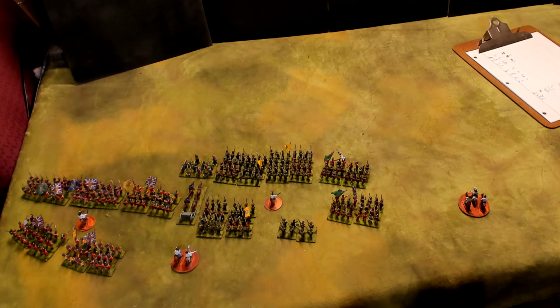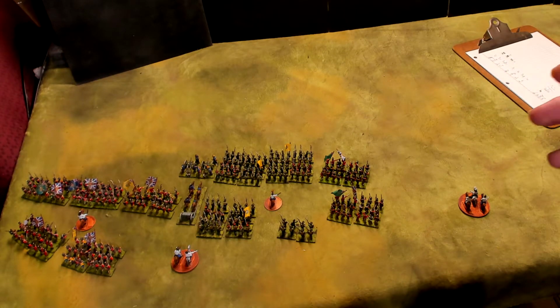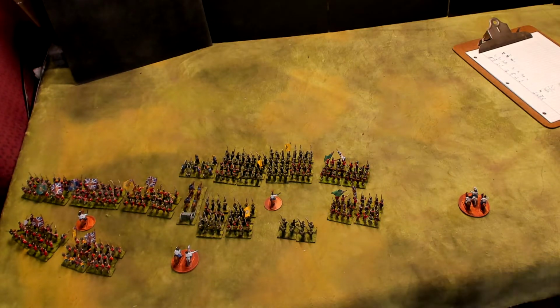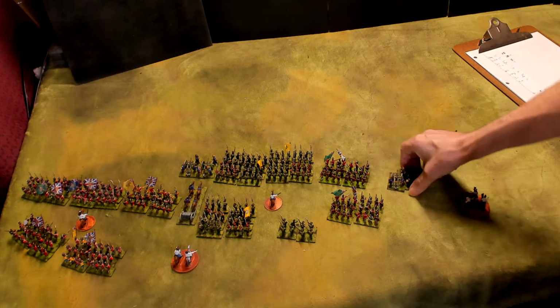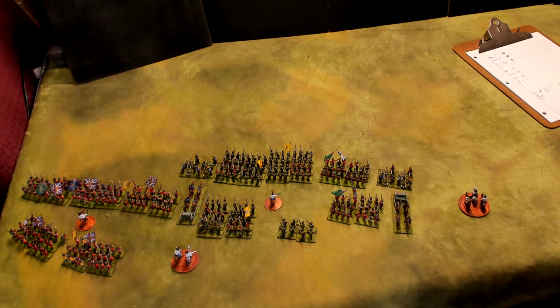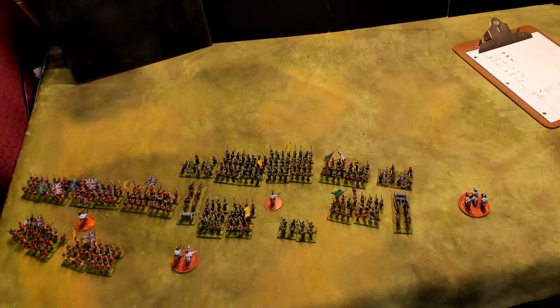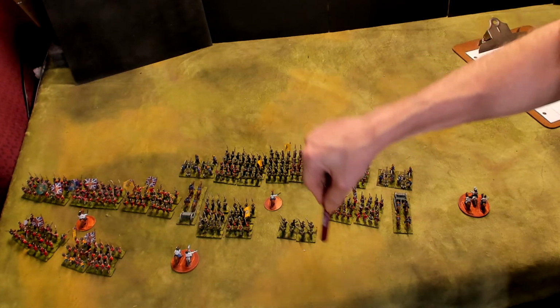This would be the composition of the first Allied division, which I believe... Okay, let's throw another artillery battery out. Okay. This is actually the second Allied division.